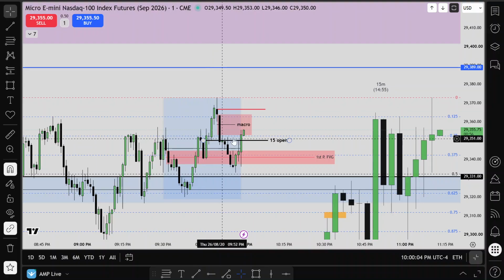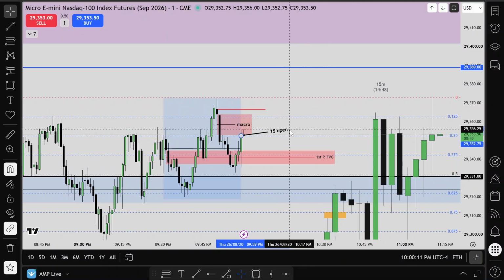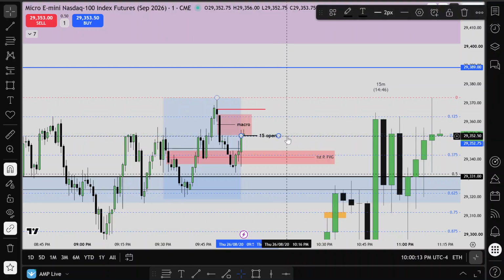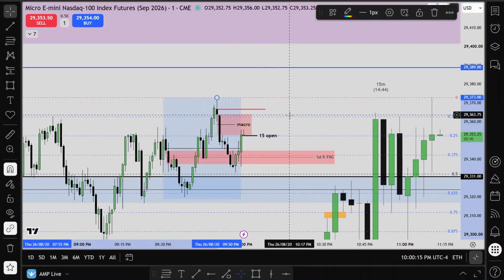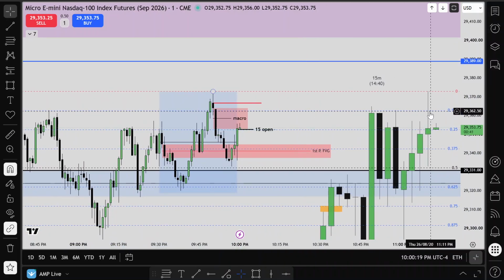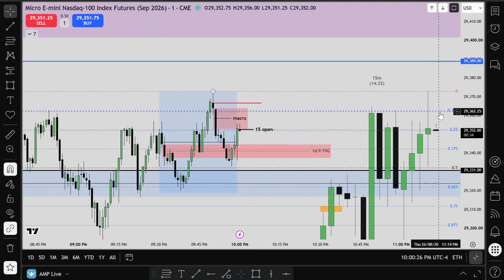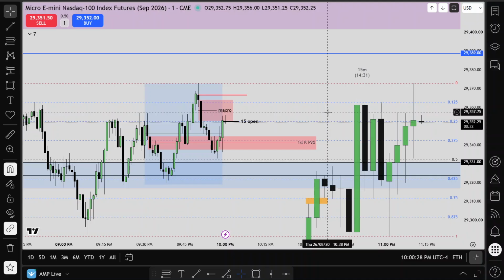So that's an up close. So here's the 15-minute open. Back up into the macro. We still could be going short. It just might not be yet. We'll wait and see what this candle does.